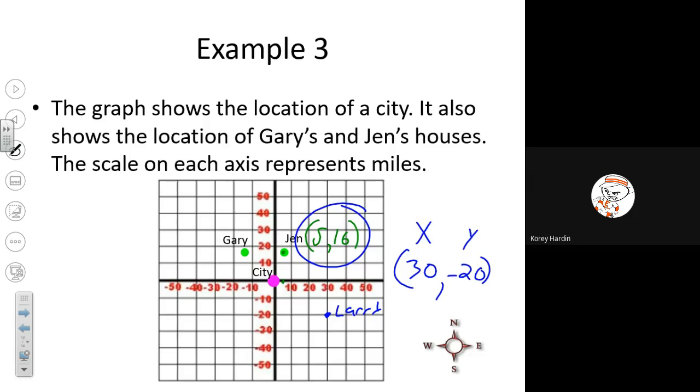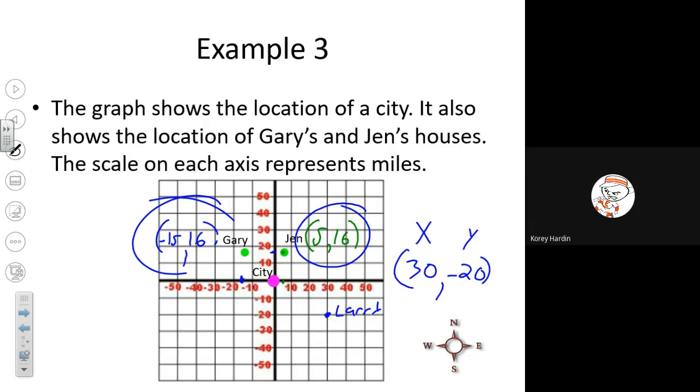Okay? So try Gary. I would say Gary, his line's about right here and right here. Okay? So try to get Gary's coordinate. All right. So the first thing, the x-axis for Gary's coordinate, I go left 15, and then I go up about 16 again. So negative 15, 16.